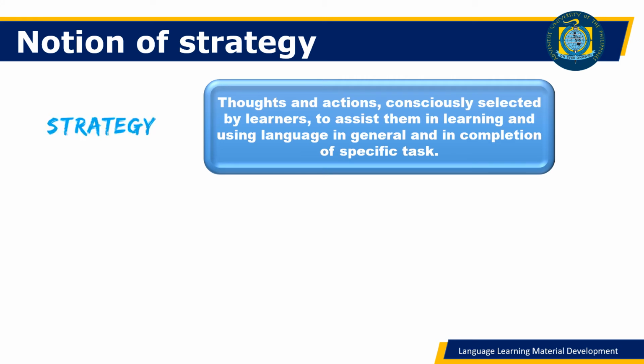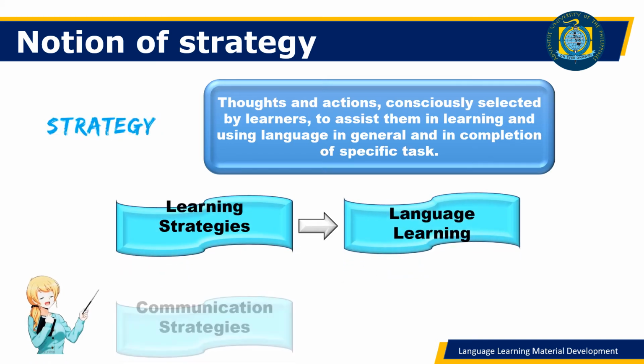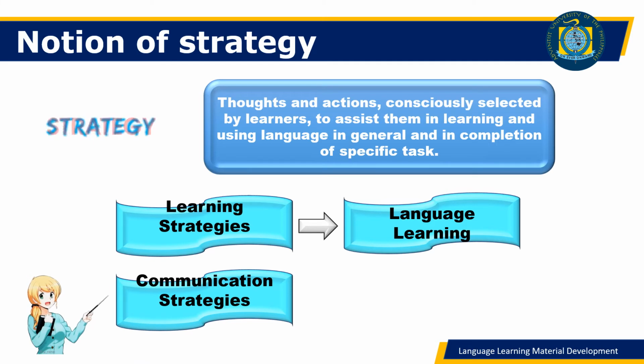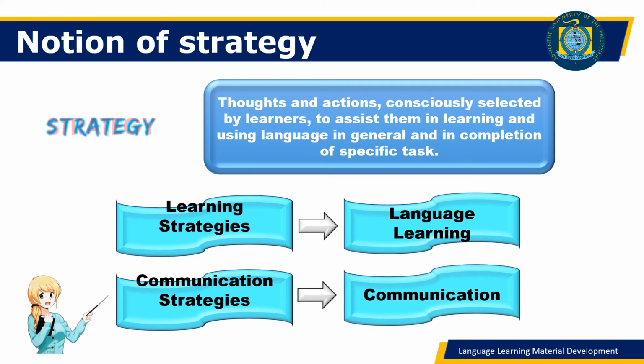Also, Cohen implies that there are learning strategies to facilitate language learning, and there are communication strategies to facilitate communication. So basically, this slide is all about the strategy on how learners are going to facilitate their learning.